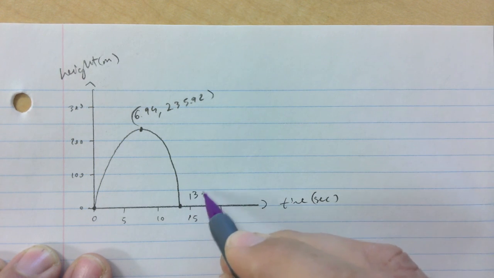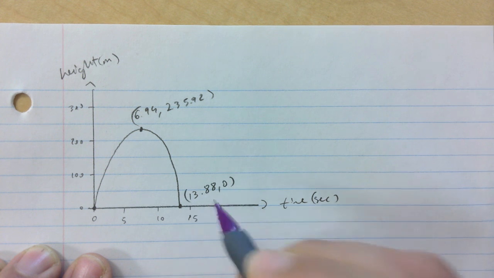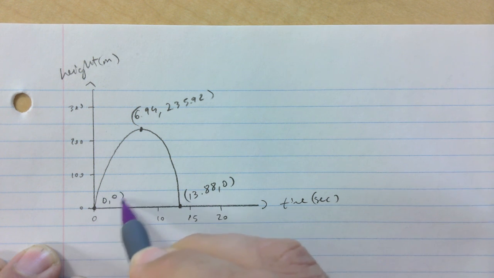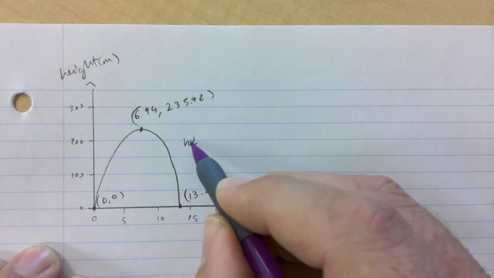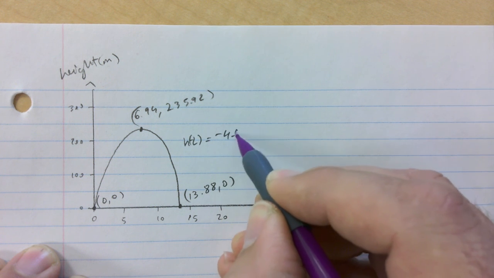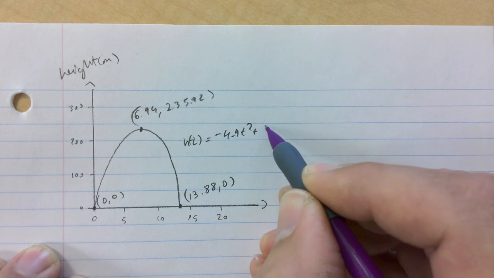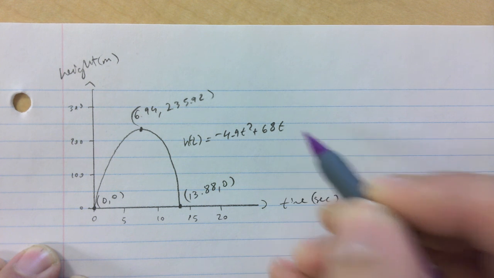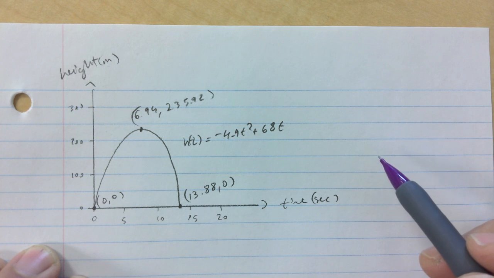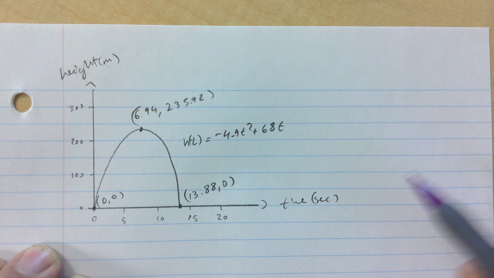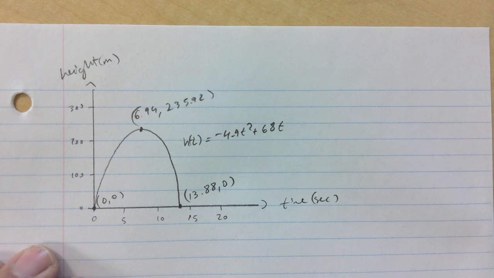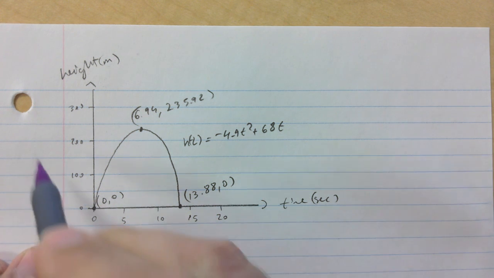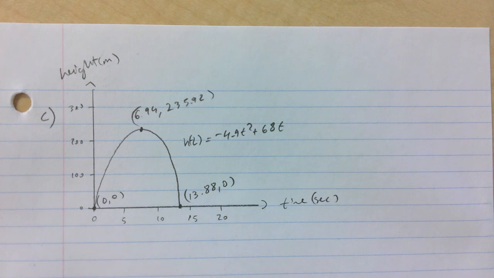This is 13.88, and you've got 0, 0 here. The equation is h equals -4.9 t squared plus 68t. And I think that does it. That is it. So this would be C. So that's it for graph, okay?